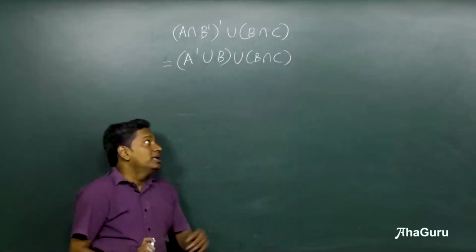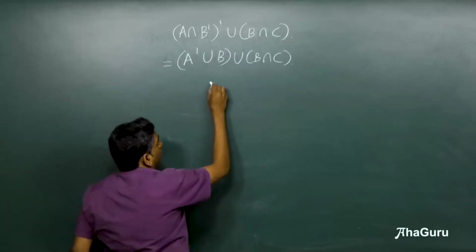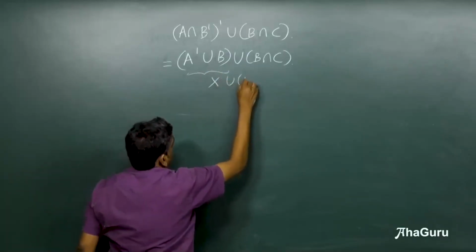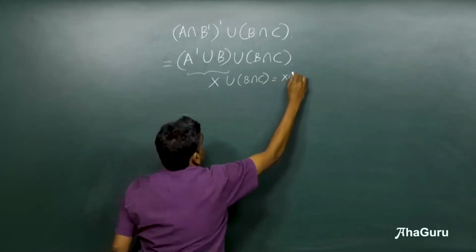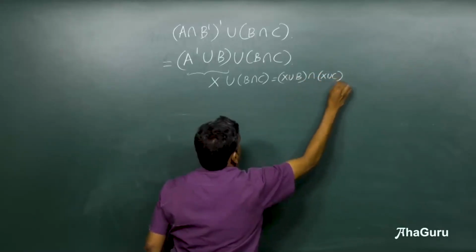Okay. Now this expression we are going to simplify using the distributive law. We are going to just assume that this is some X, and X union (B intersection C), union over intersection, is (X union B) intersection (X union C).